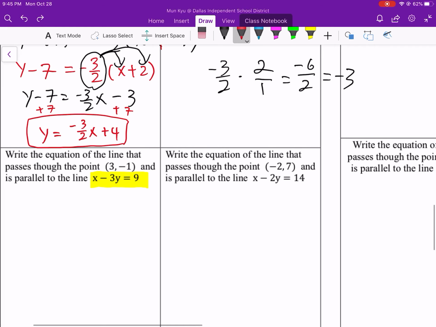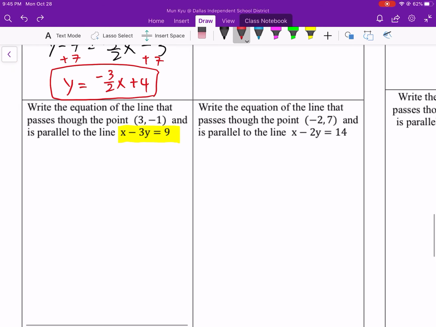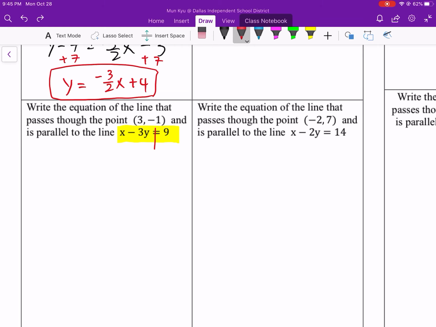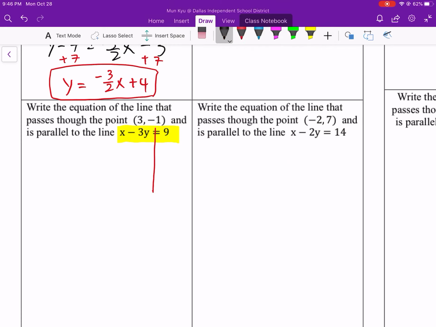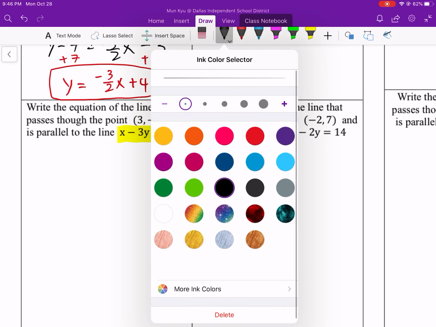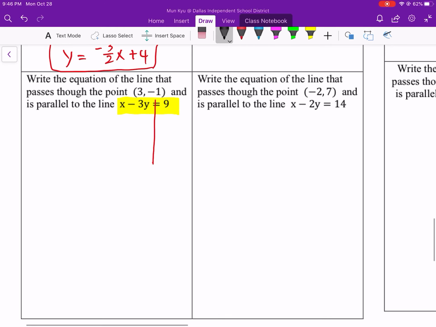But in this one, x comes first, which means before we do anything, we first have to change everything into slope-intercept form. So let's do this. First, let's get rid of x. Minus x both sides, so this will cancel out. We have -3y equals 9 minus x.